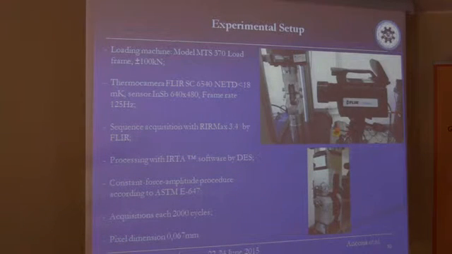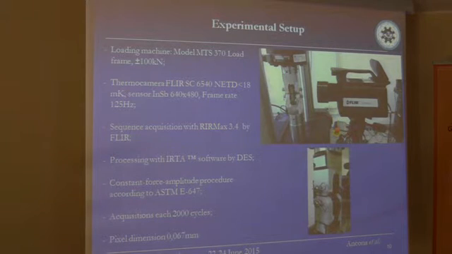The setup includes a loading machine with a load cell of 100 kilonewton and an infrared cooled camera, FLIR SC6540, with a frame rate of 125 Hz at full frame.